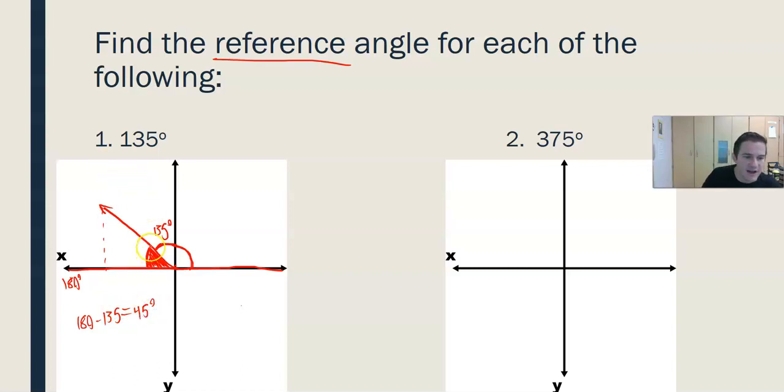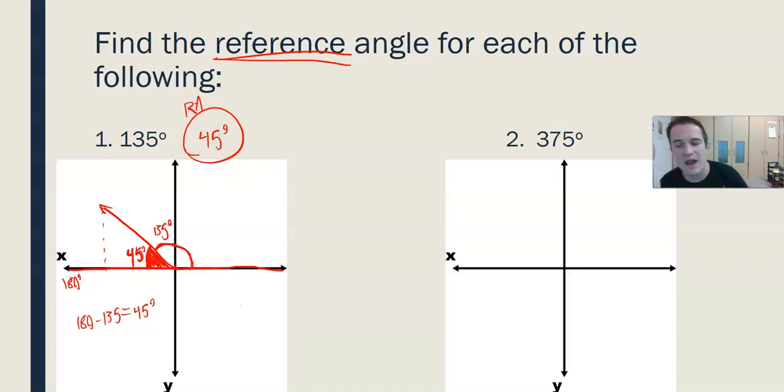So 135 plus this little angle of 45 degrees would get me down to the x-axis, or 180 degrees. So my reference angle is this one right here, 45 degrees. If I just asked you for what the angle would be up here, the reference angle would be 45 degrees.